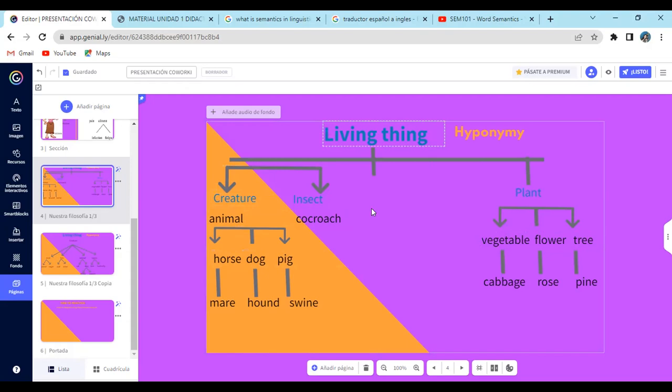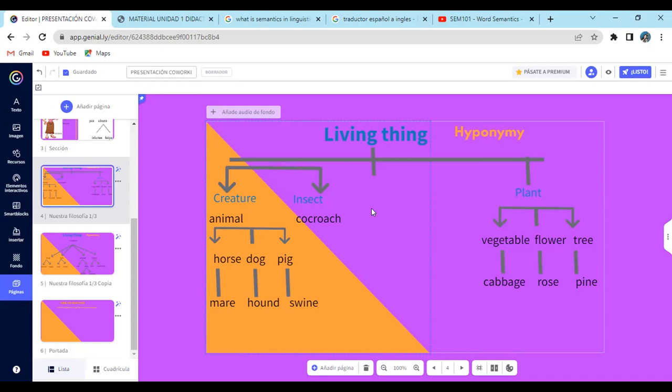I have a doubt. Okay, teacher Irene, I have a doubt because in this, for example, you added three categories: creature, insect, and plant. And in the second one, you just added one category. I said that I need an example like the first one.